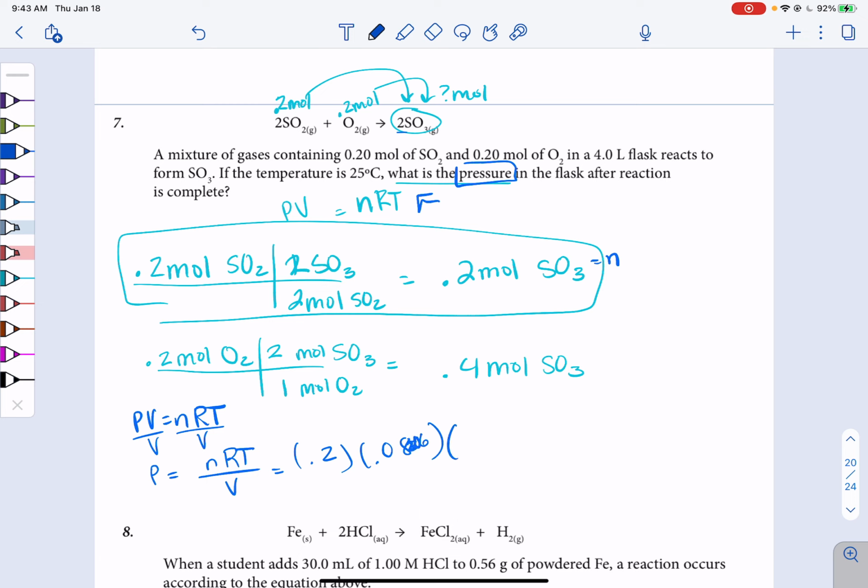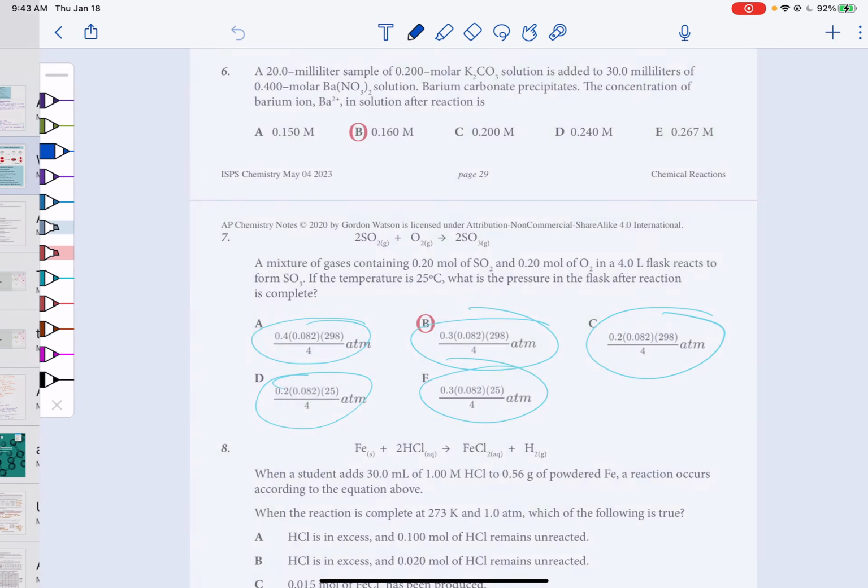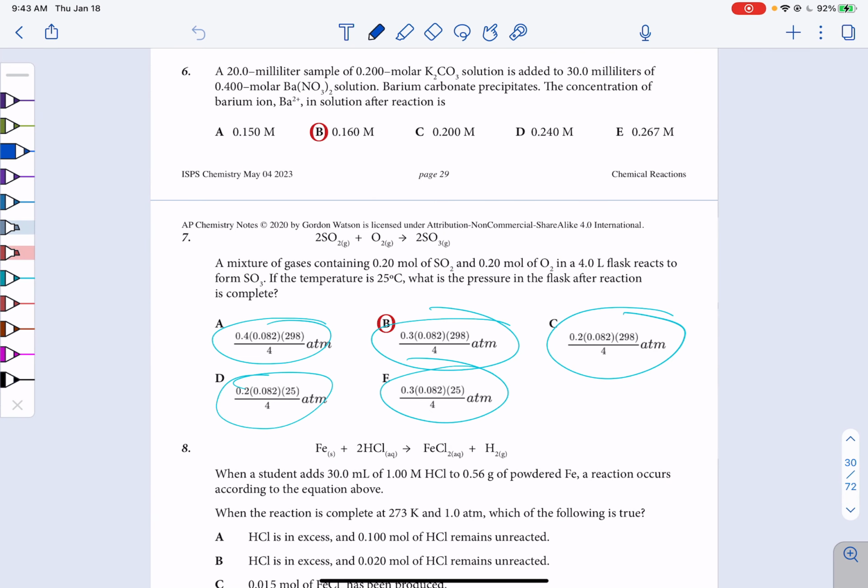And then 25 degrees Celsius, 25 plus 273, you get 298, sorry, over the volume of 4 liters. If you go back and check your answer options, the only one that matches would be this one. Notice that they didn't use the 0.08206, but they all do that. So that's not a problem that you have to worry about.